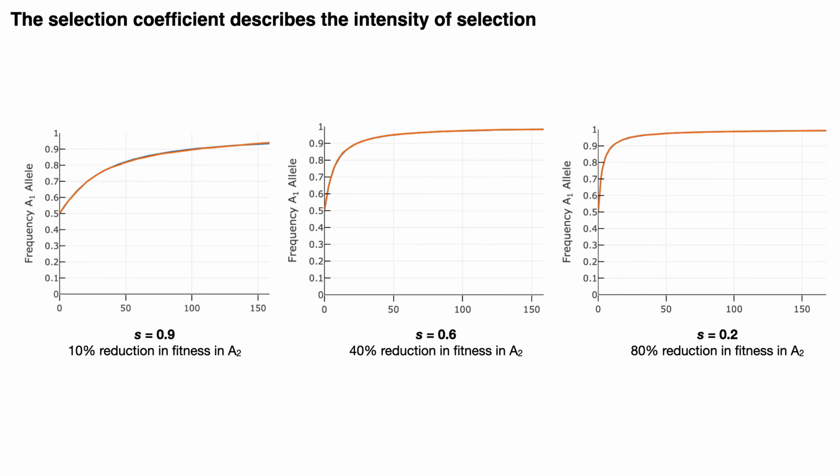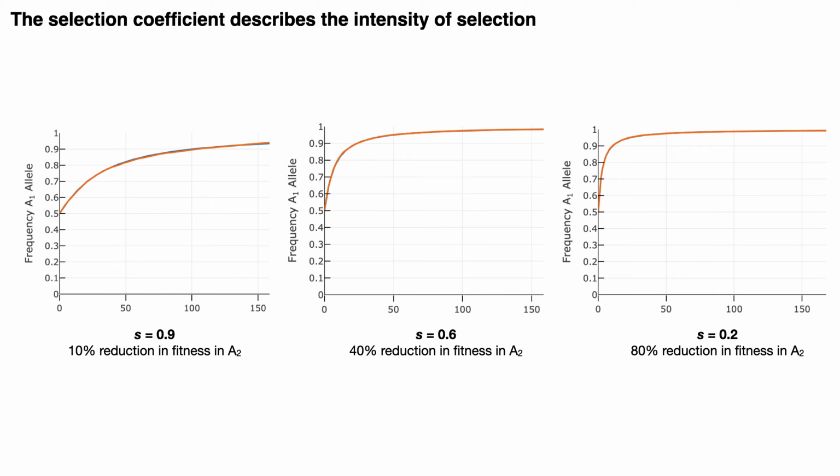We use the selection coefficient as a numerical descriptor to describe the intensity of selection. In these 3 panels here, I'm showing the effect of decreasing the fitness in the other allele, the A2 allele at this particular locus. So when you have a 10% reduction in the fitness of A2, notice that the frequency of the A1 allele starts at 50%, but then climbs pretty quickly over 150 or so generations to become pretty close to fixed.